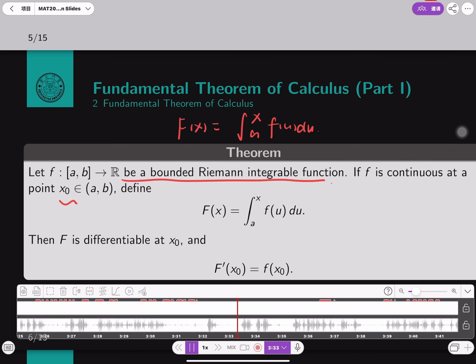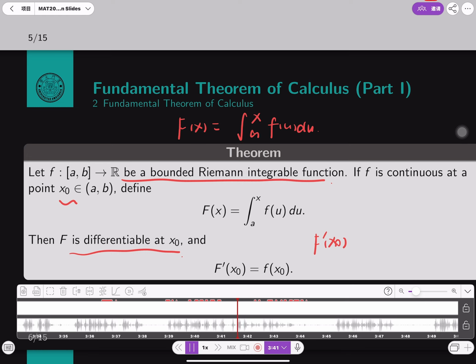Then big F is differentiable at x0, and the derivative of big F at x0 equals small f(x0). This is the fundamental theorem of calculus.